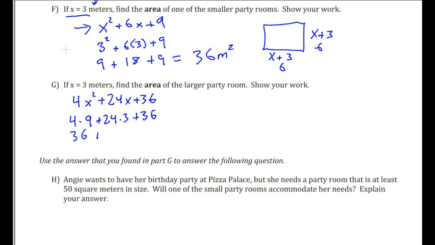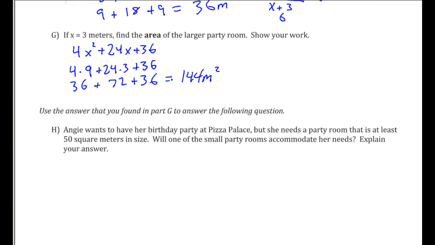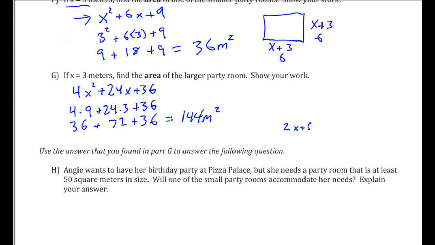So that's 36 plus 72 plus 36, which equals 144 meters squared. Likewise, if you plugged it into the base and the height, we had 2x plus 6, right? So if you did that, 2x plus 6 times 2x plus 6, I plug in 3 into here, that would be 12 times 12, which of course is 144 as well. So it works out either way if you use the polynomial for the area or the factors for the base and the height and plug in for x there.